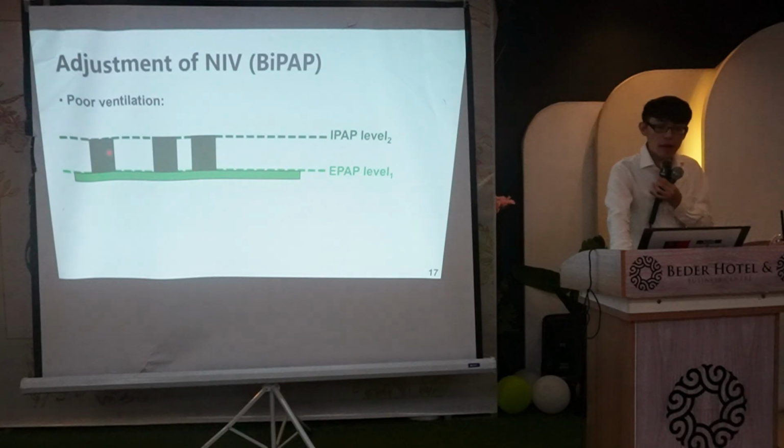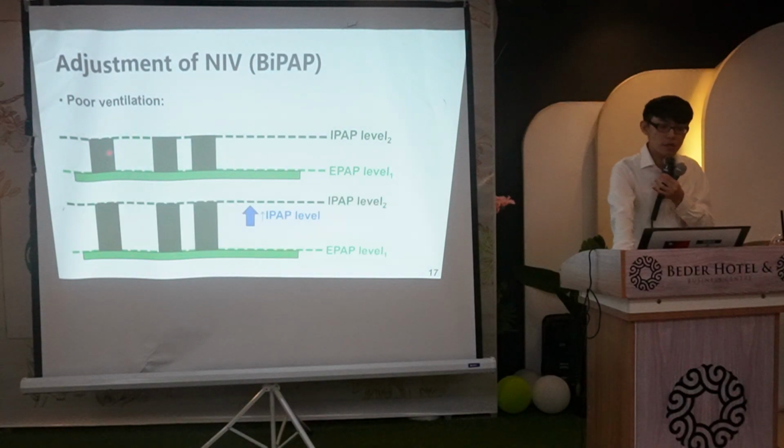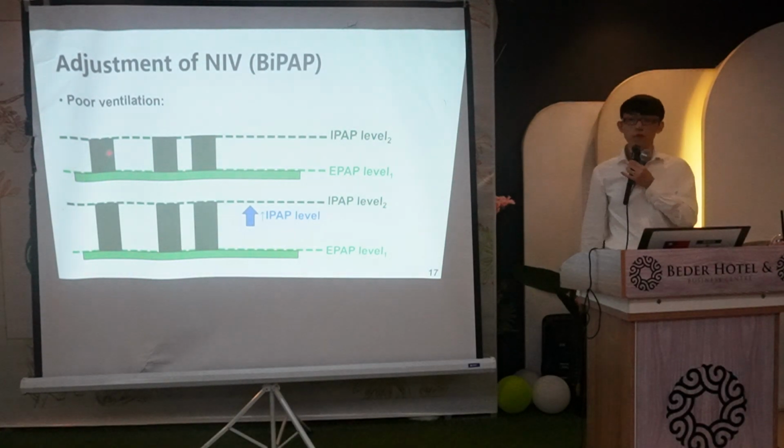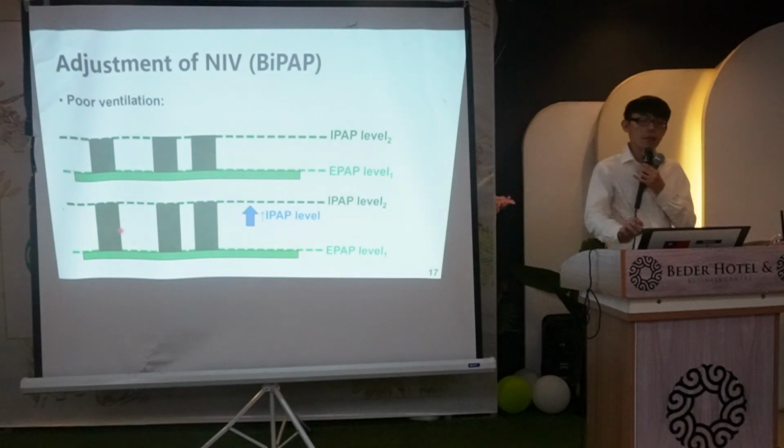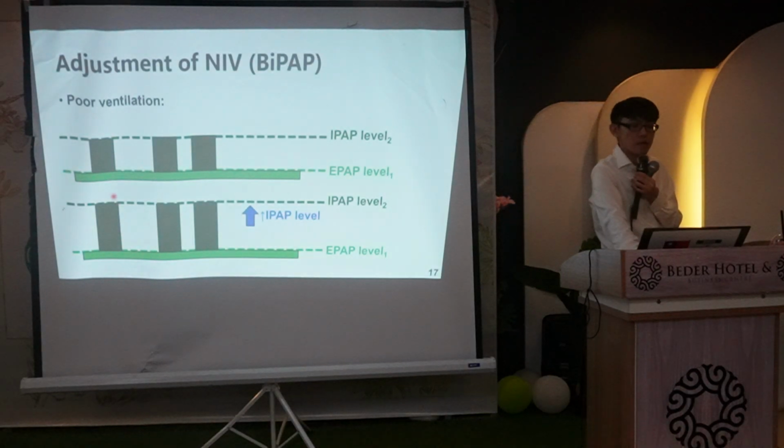Which parameter can we adjust? The first is to increase the IPAP level. When we increase IPAP, we increase the delta pressure, IPAP minus EPAP, so the area under this rectangle increases in size.